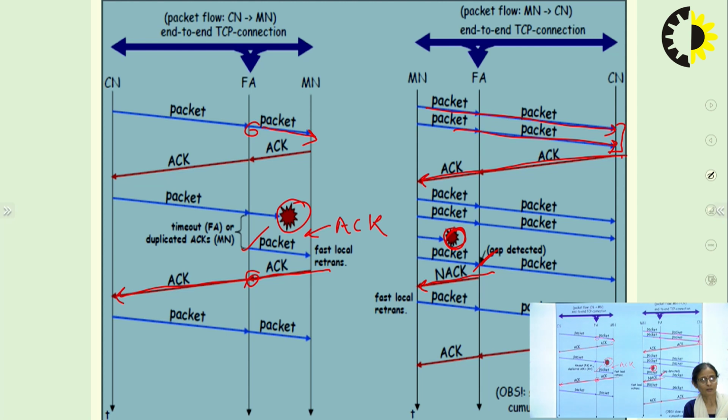Now the MN will retransmit that particular packet to the CN, and in this way the CN will receive all the packets which have been sent by the MN, and it will send an acknowledgement to the MN. This is very much similar to the slow start cumulative algorithm.